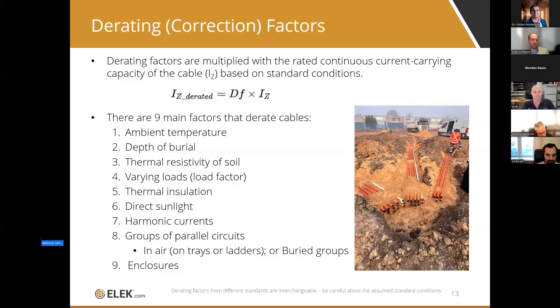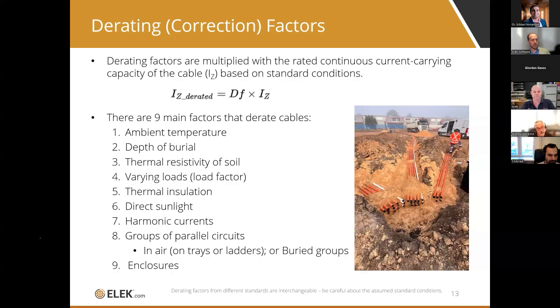For example, it's all based on the standard conditions. So AS/NZS 3008 is set up for an ambient air temperature of 40 degrees. But suppose that in your installation, you're installing your cables in an environment of 30 degrees Celsius.